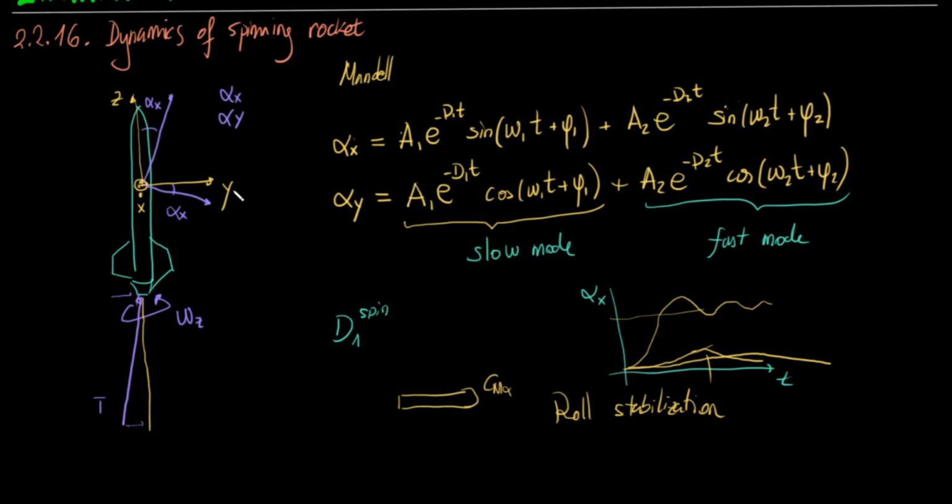Okay, but remember that y and x were constant. So what the x and y axis are gonna feel is a sinusoidal moment, just because the rocket is spinning. And we could conclude the same if the rocket had some misalignment with the fins that caused a certain constant moment.